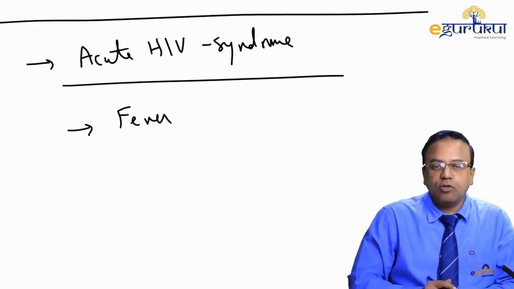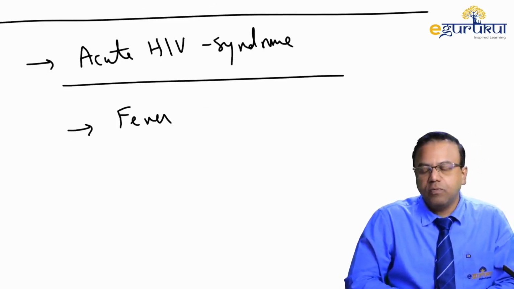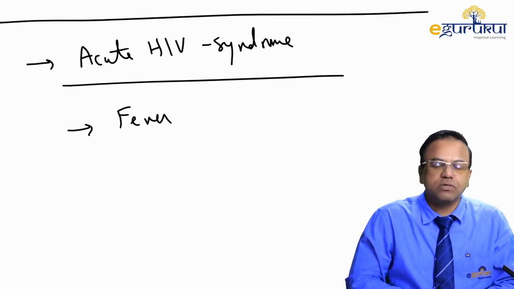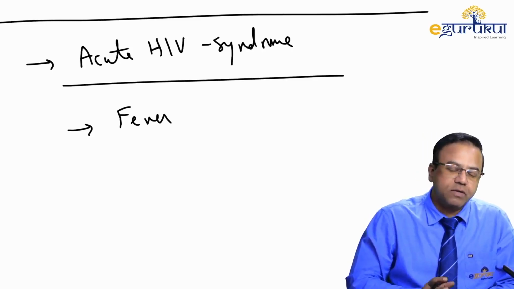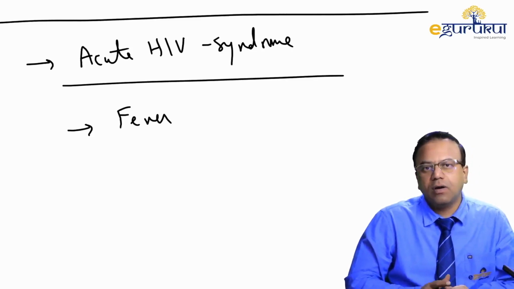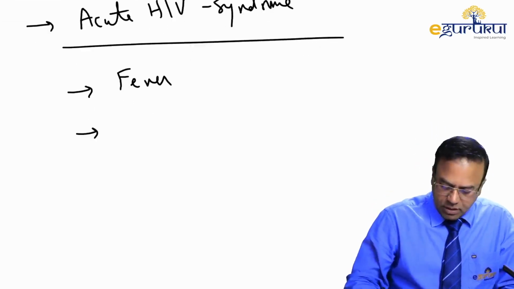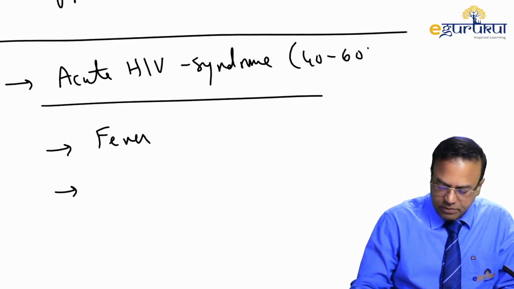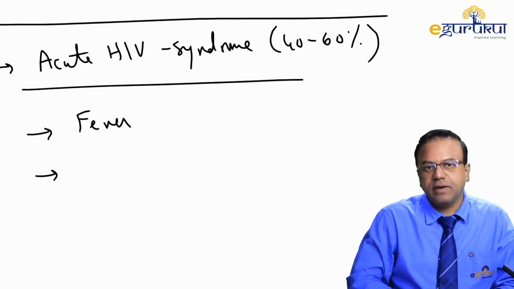Many times, even though the patient develops this acute HIV syndrome, nobody suspects the patient to have HIV, and most of the time it goes undetected and supportive symptomatic treatment is given, and the patient is not investigated appropriately and not detected to have HIV. So this acute HIV syndrome, as I was telling you, can occur in 40 to 60% of the acutely infected patients.